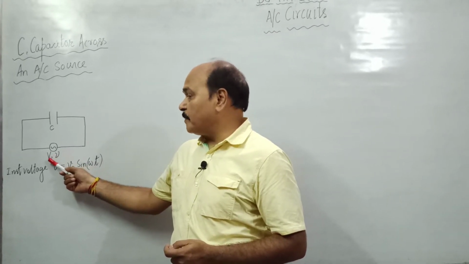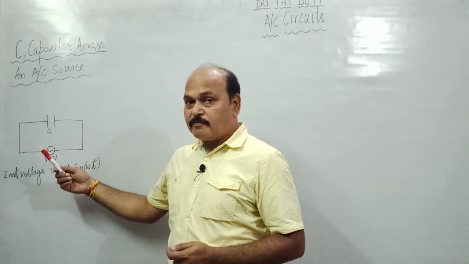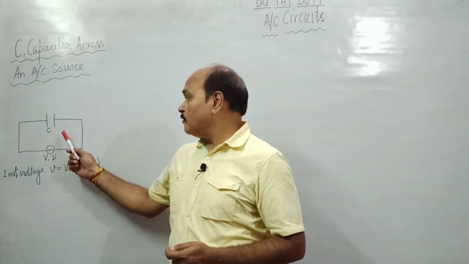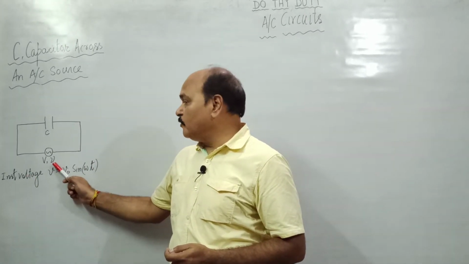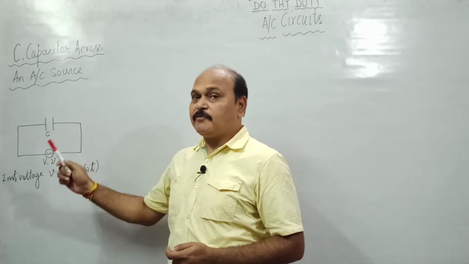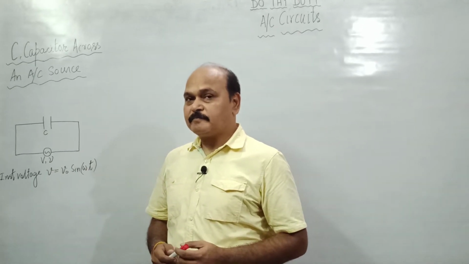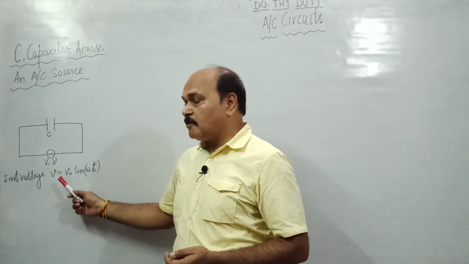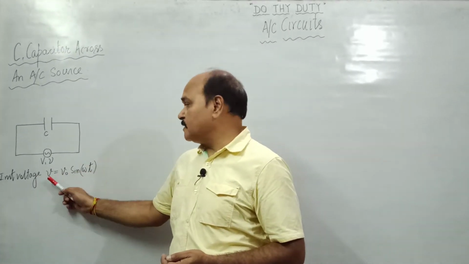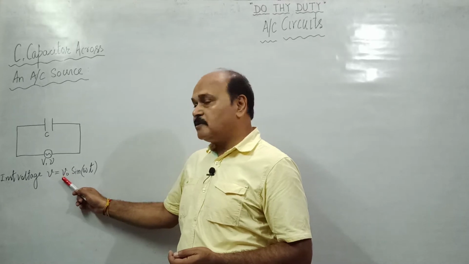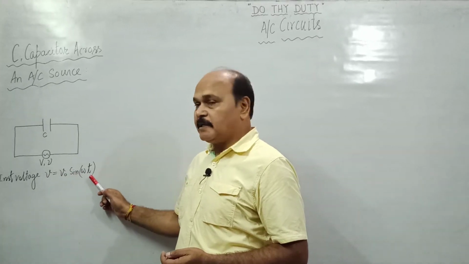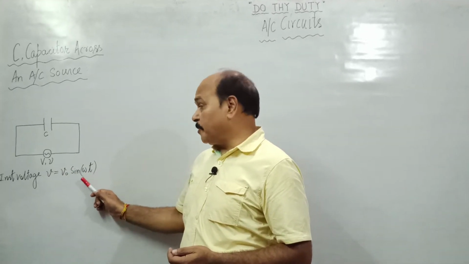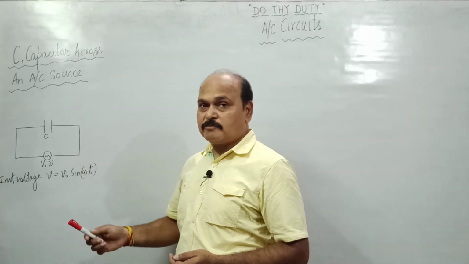Capital V is the RMS value of the voltage of the alternating source, and nu is the linear frequency of the AC source. We know the instantaneous value of voltage of the alternating source is V equals V naught sine omega t. This is the property of the AC source.